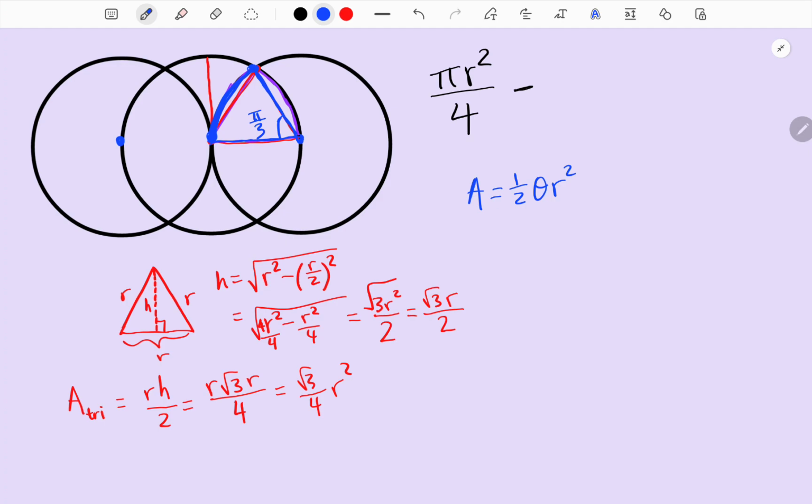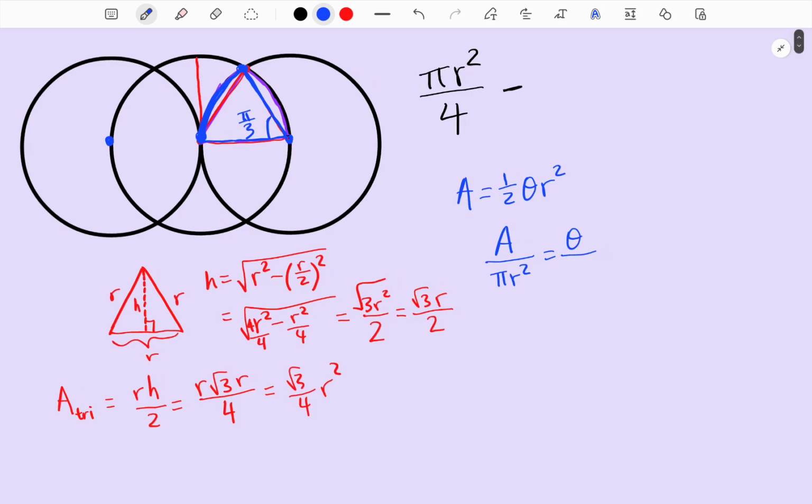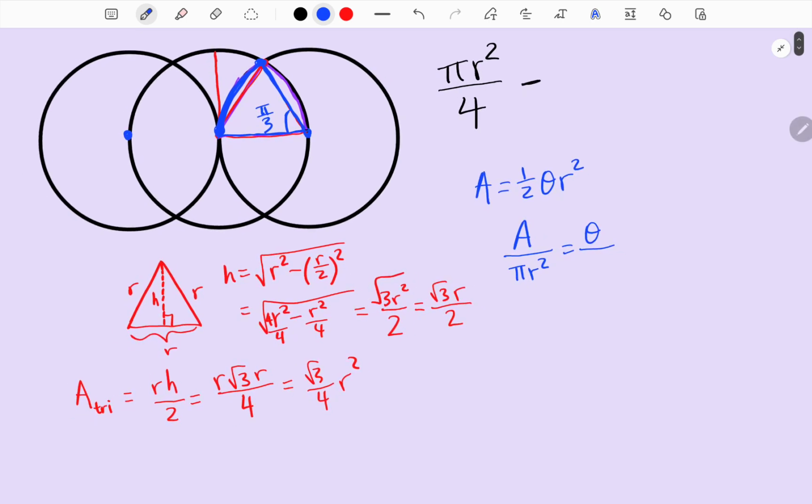We know the area of this blue section, if I call that A, the ratio of A to the entire circle, which is, what is the area of the entire circle? Pi r squared, right? That's equal to the ratio between the angle of this pizza slice to the angle of an entire circle, which is 2 pi r.